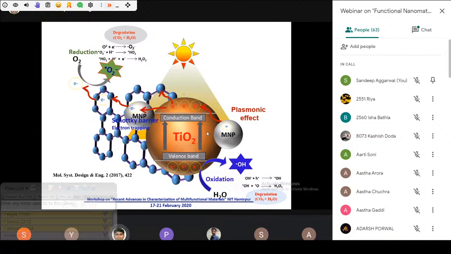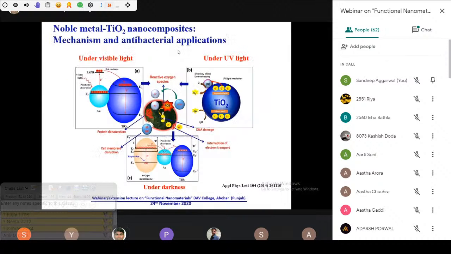So even if TiO2 is useful, these functional nanomaterials are also killing bacteria. I'm not going very deep, but it is important to say here that TiO2 nanomaterials are used for antibacterial application under UV light.